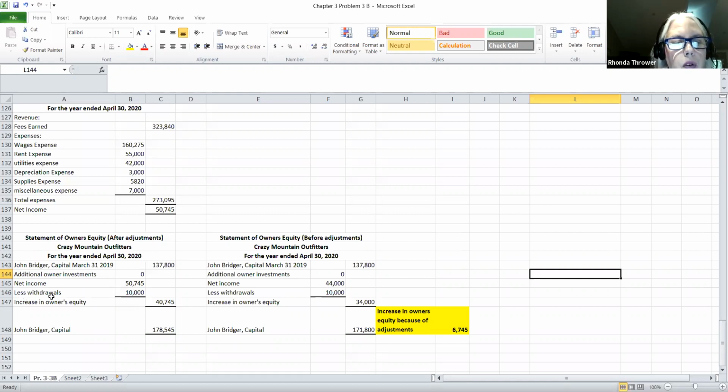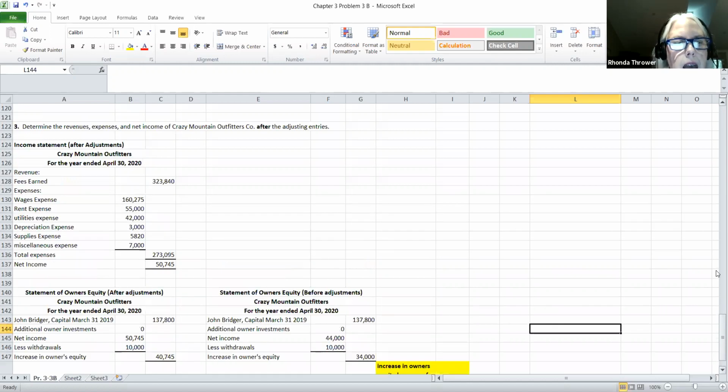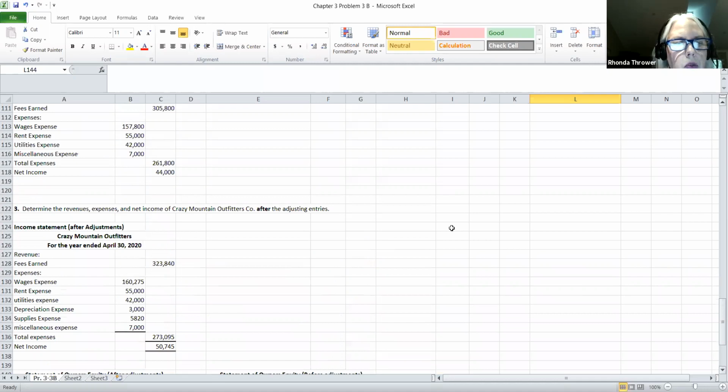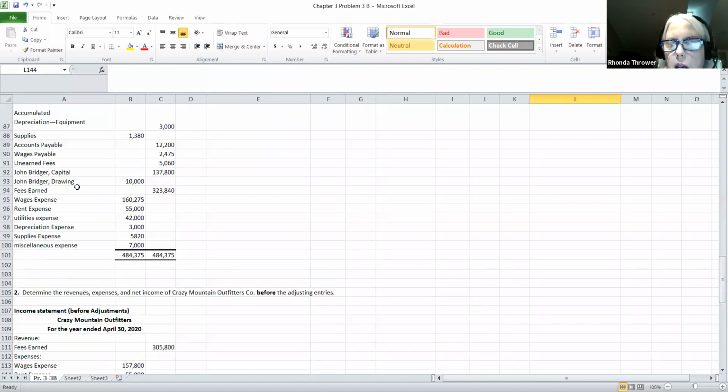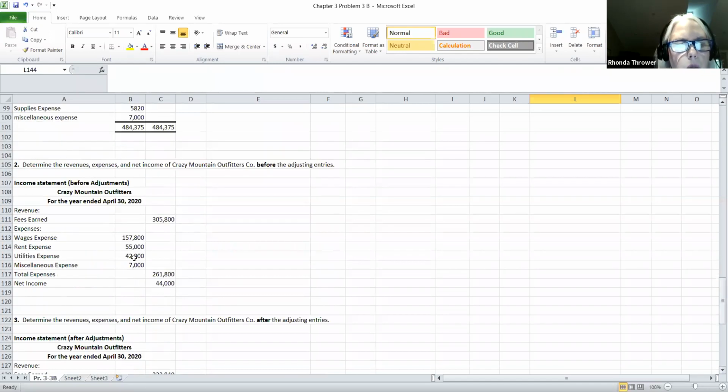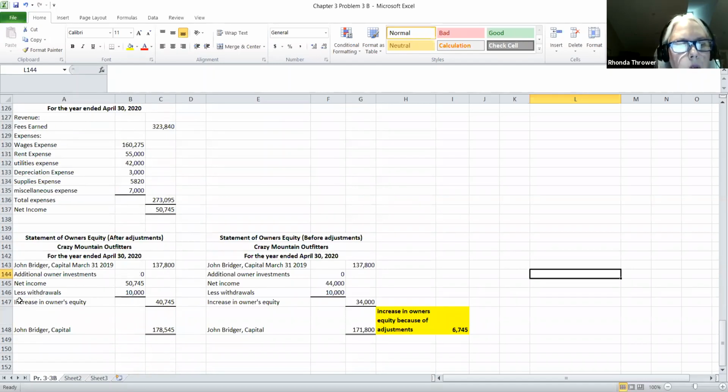You also have to remember that owner's equity would be decreased by the amount of the owner's withdrawals. The owner's withdrawals were listed at $10,000. That's the drawing account, and that's the amount of the withdrawals. So the owner's withdrawals of $10,000 are going to subtract from the net income to get the increase in owner's equity.